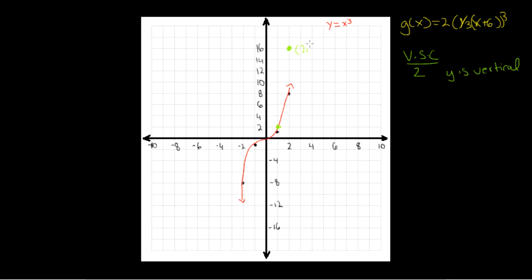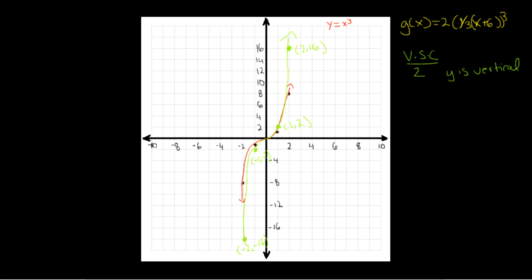This one will go here, (-1, -2). And this one will go down here, which will be (-2, -16). We can draw the graph right now. See if you can draw this as neat as possible. Well, this is a rough sketch. So we graphed the vertical stretch.